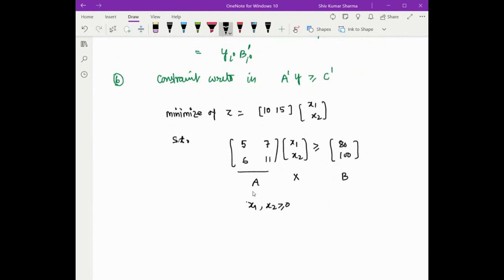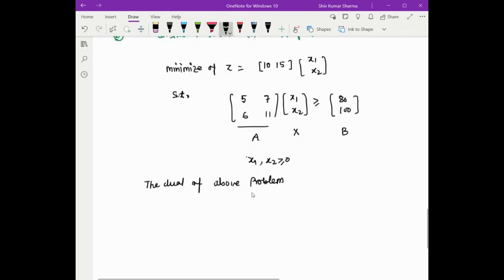So now the dual of the above problem. We convert minimization into maximization.